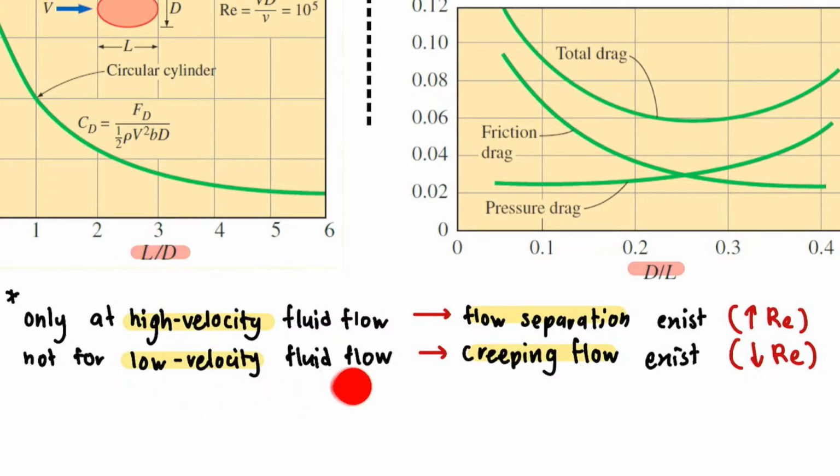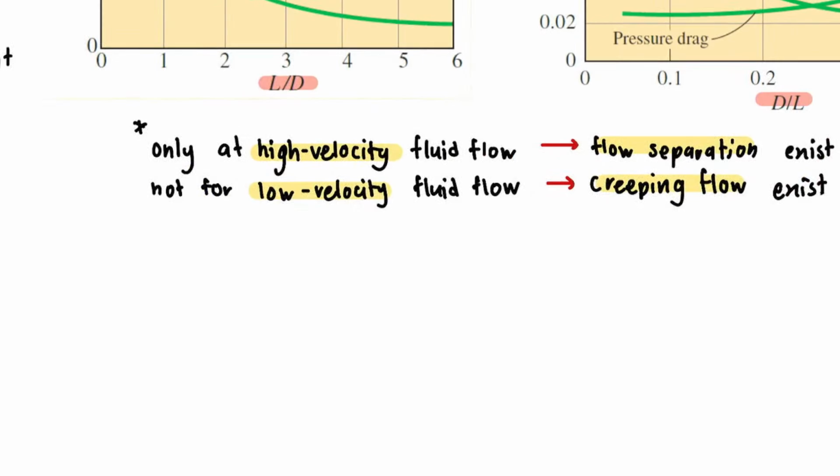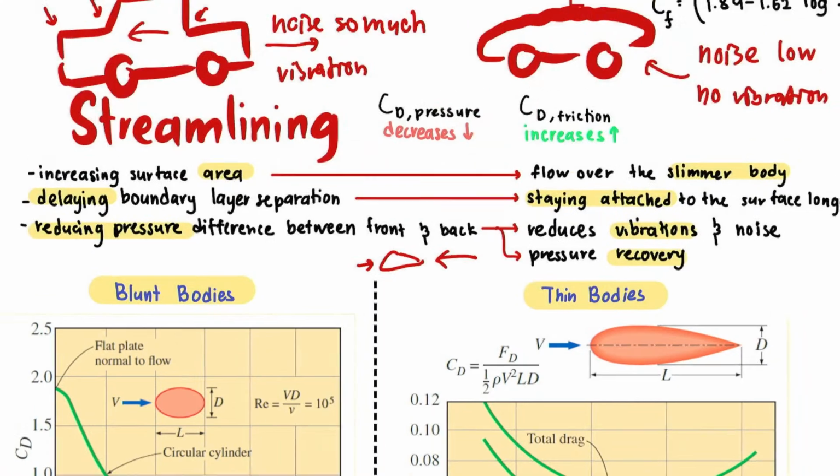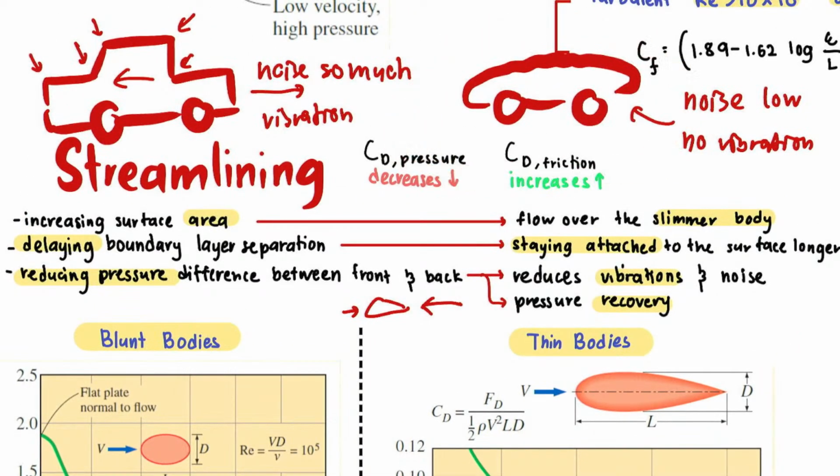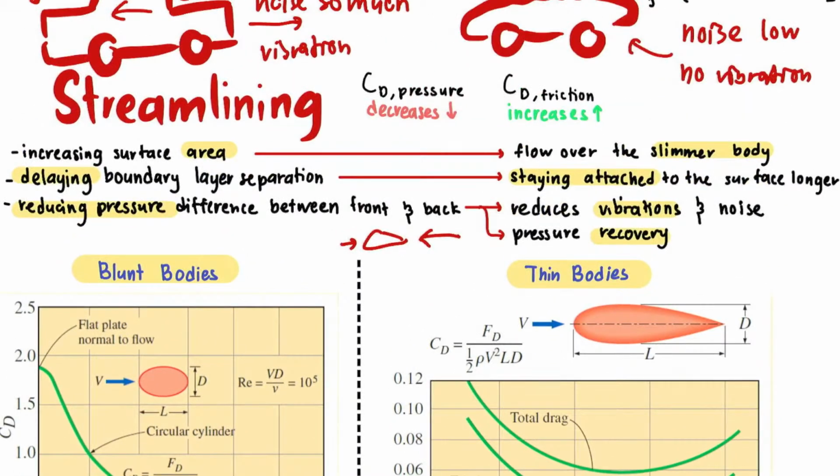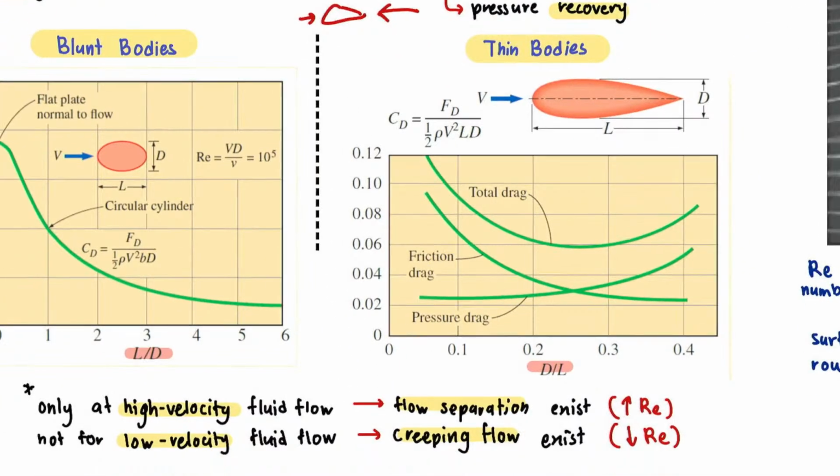At low velocity fluid flow, the streamlining doesn't have much effect. Okay, so based on your kegunaan lah, you can choose to streamline or not to streamline. If it's going fast, it's better to streamline, but if you're not going fast, you don't have to streamline. Macam tu lah orang cakap.